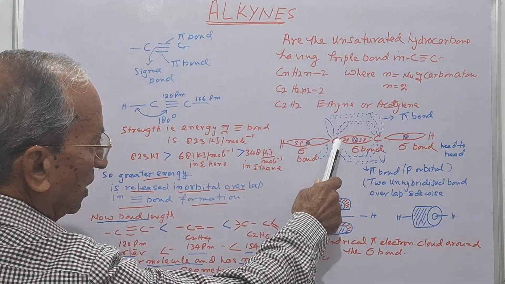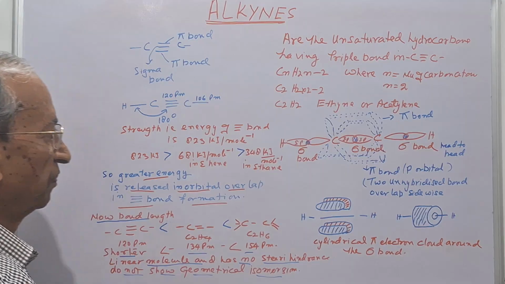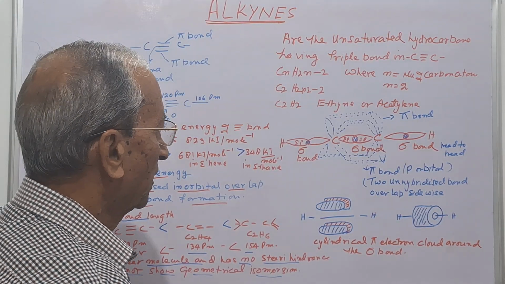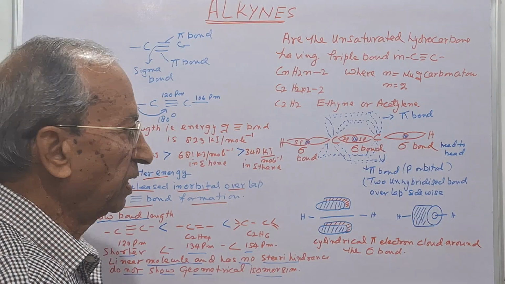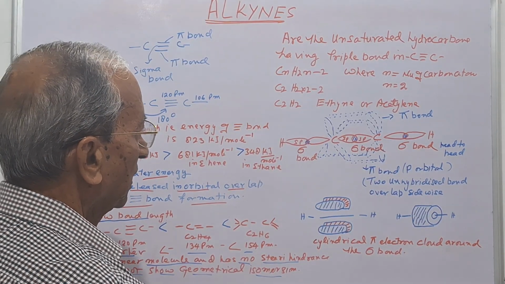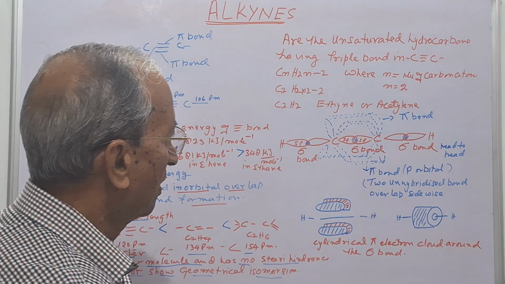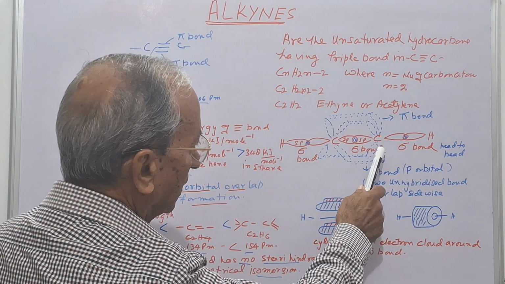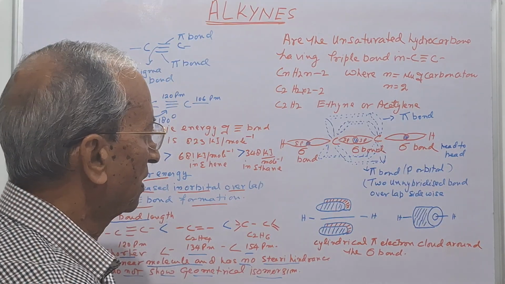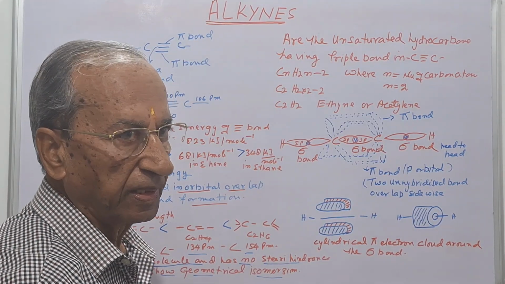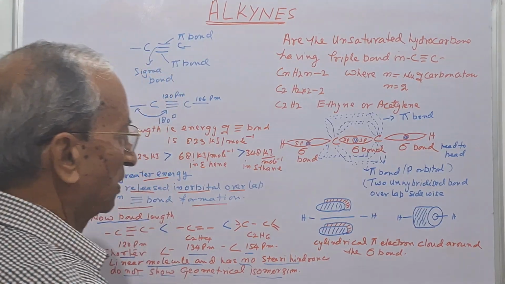carbon has two sp hybridized orbitals and two p orbitals. One sp hybrid of one carbon atom overlaps with the sp hybrid of the other carbon atom, overlapping head to head, that forms the sigma bond.